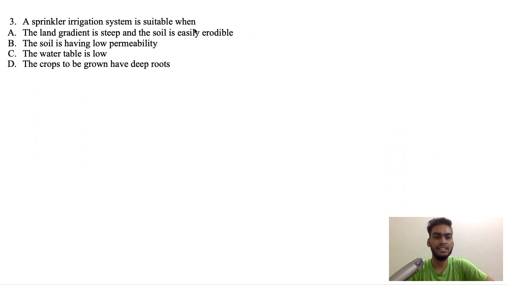Now here it's just a theoretical question from irrigation. A sprinkle irrigation system is suitable when? So out of all these conditions, what will be the best suitable option where we should apply sprinkle irrigation system?